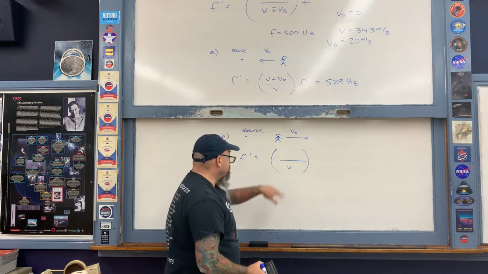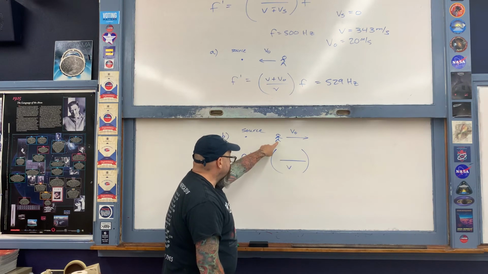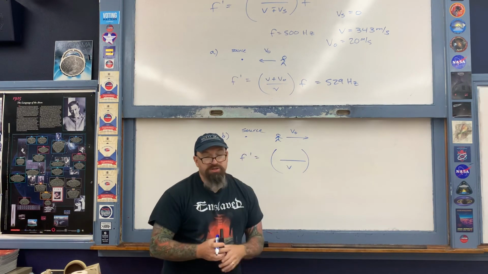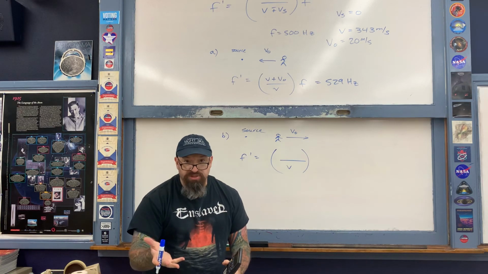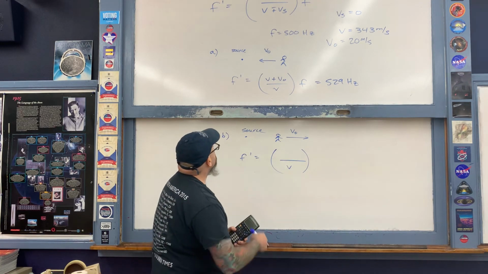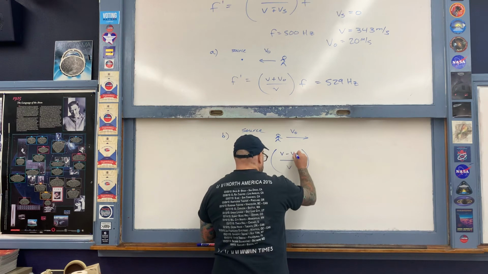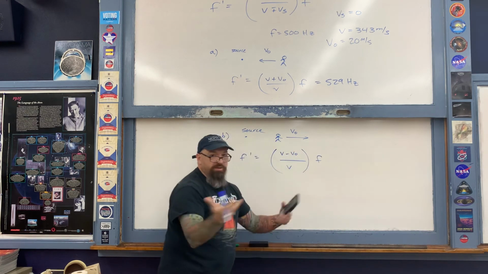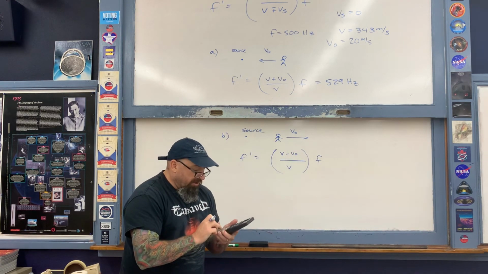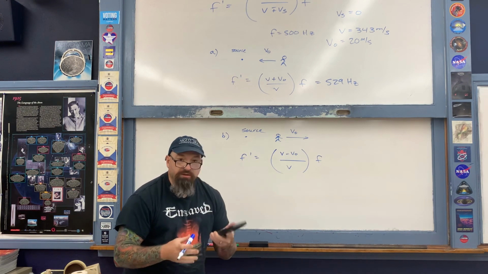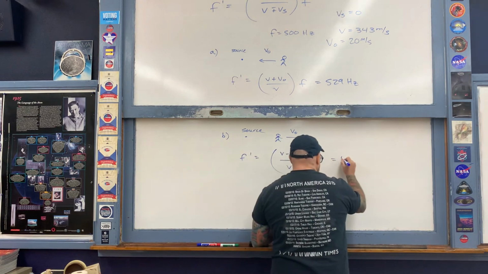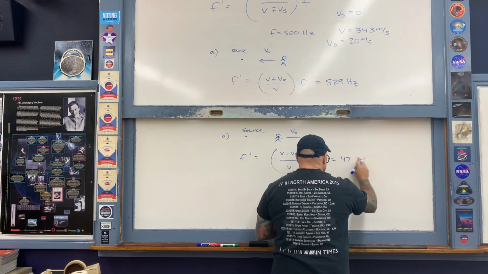For the numerator, we have the observer moving away from the source. So we use the bottom symbol in the numerator, which is the negative sign. Now we just plug in. In the numerator, it's 343 minus 20, divided by 343, multiplied by 500 hertz, and you end up with a lower pitched sound. It's about 471 hertz.